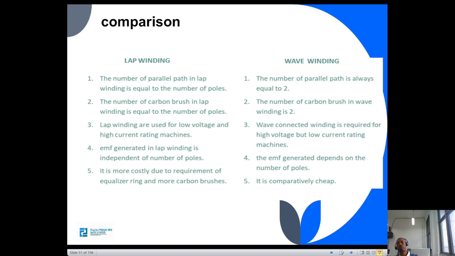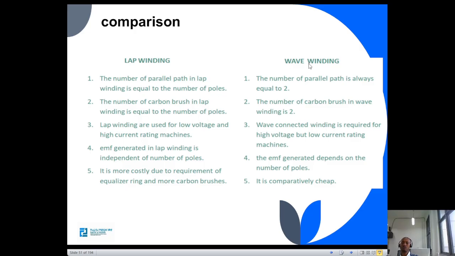To summarize the points I said, see, the lap winding and wave winding comparison. The number of parallel paths in a lap winding is equal to the number of poles. We said this before. But in a wave winding, the number of parallel paths is always 2. Second, the number of carbon brushes in lap winding is equal to the number of poles.